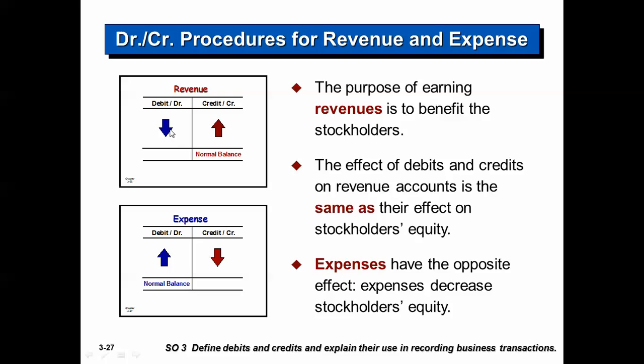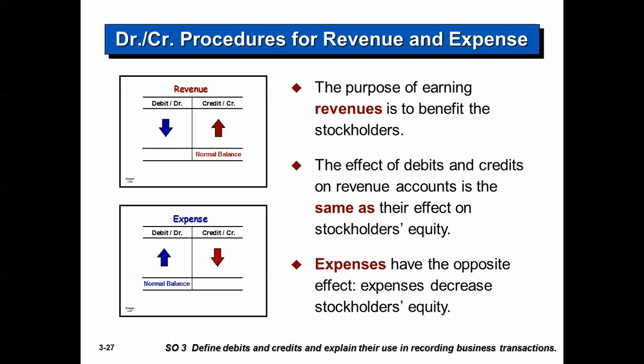A revenue transaction increases retained earnings, so it goes up on the right. An expense decreases retained earnings, so it goes up on the left. It's the opposite. There is never a transaction where revenue goes down, and there's never a transaction where expenses go down. So you don't have to record the decreases in revenue or expenses.